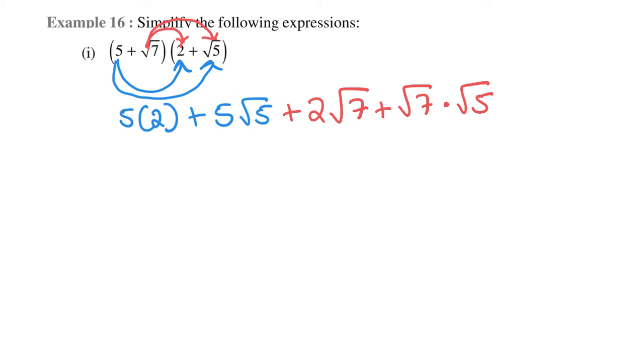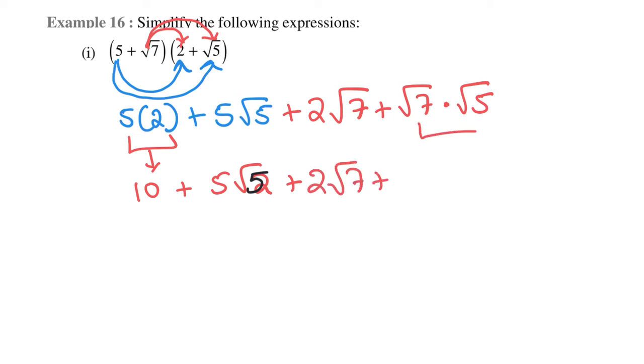For our understanding, we will do one step extra. So 5 times 2 is 10 plus 5 root 5 plus 2 root 7 plus root 7 times root 5 is how much? Root 35.